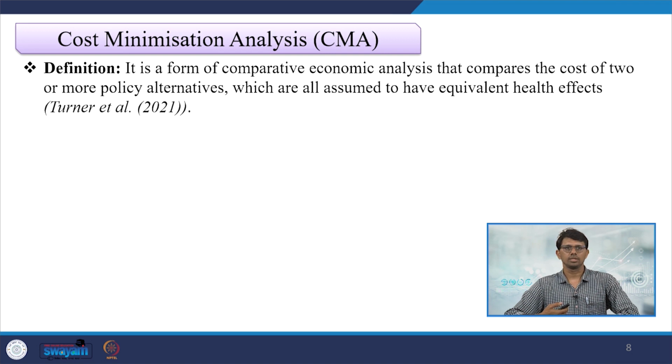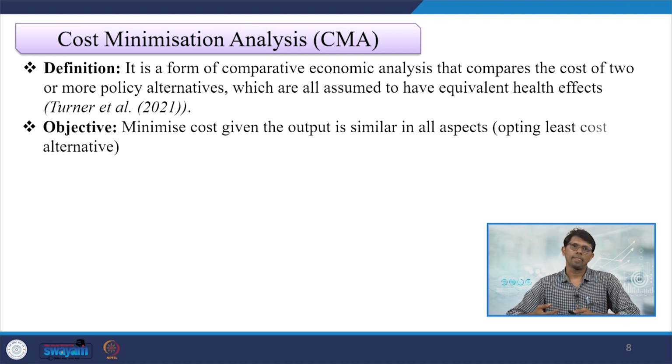In terms of definition, CMA, that is cost minimization analysis, is a form of comparative economic analysis where the costs of 2 or more policy alternatives, which are all assumed to have equivalent health effects, are compared, as mentioned in the Turner et al. 2021 study. The objective is to minimize cost given that the output is similar in all aspects.